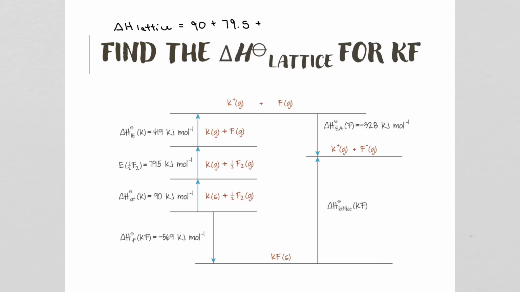Plus 419, and then plus negative 328, because that's exothermic, and then minus negative 569. And that all equals positive 829.5 kilojoules per mole.